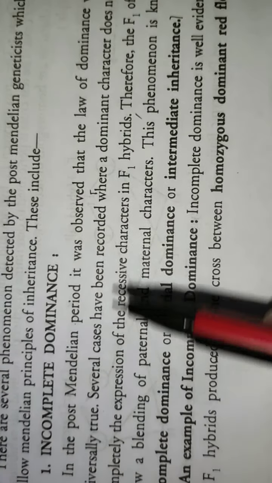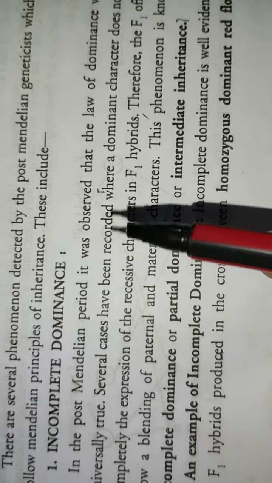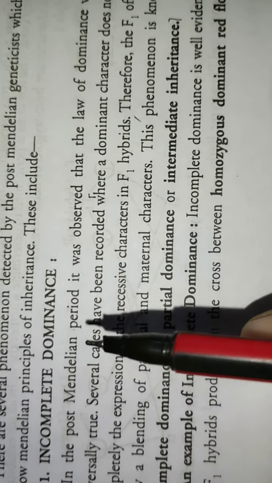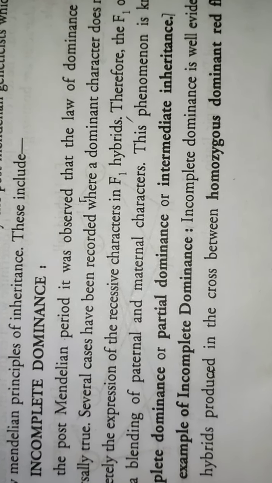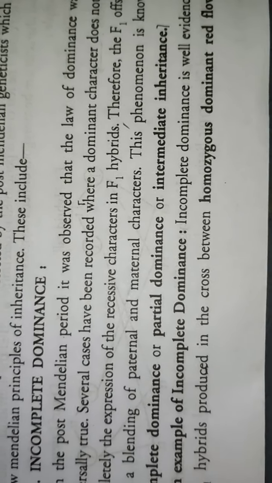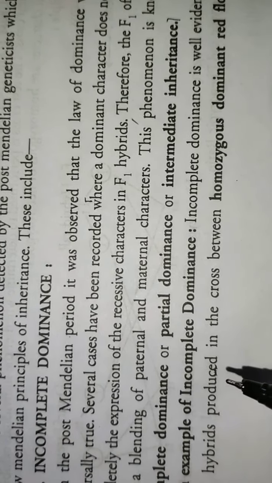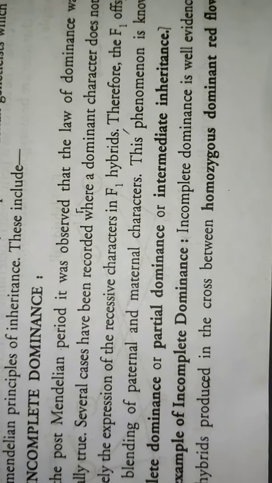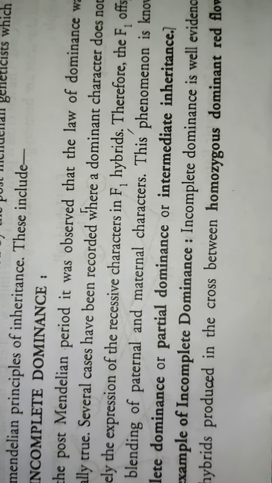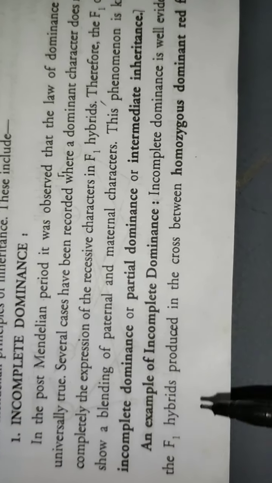That is incomplete dominance. So here dominance is not complete. Here the dominant character cannot completely cover the recessive character, and hence a blending or mixing of character occurs, and in the offspring a mixed character is expressed. So here I am giving one example.